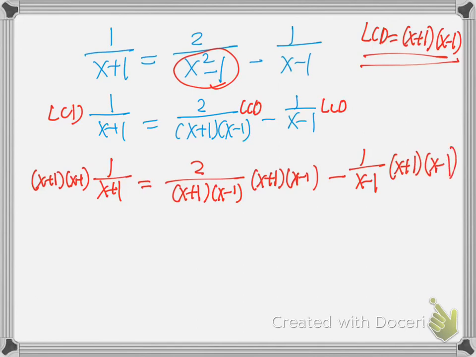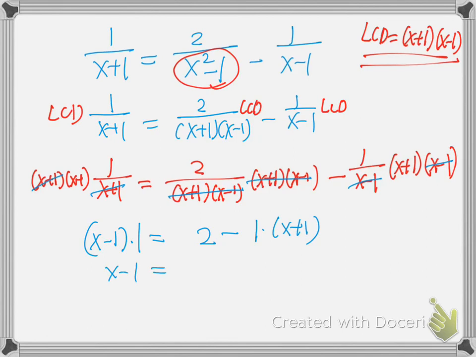Now cancel denominators. We use the LCD to cancel all denominators. So this cancelled, both of them. This x minus 1 cancelled. So we got (x minus 1) times 1 equals 2 minus 1 times (x plus 1).